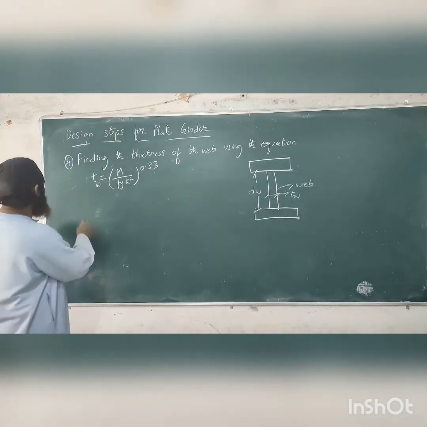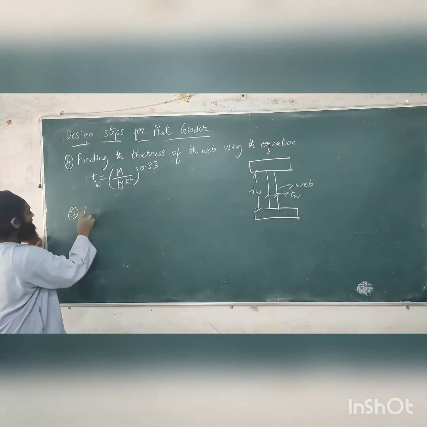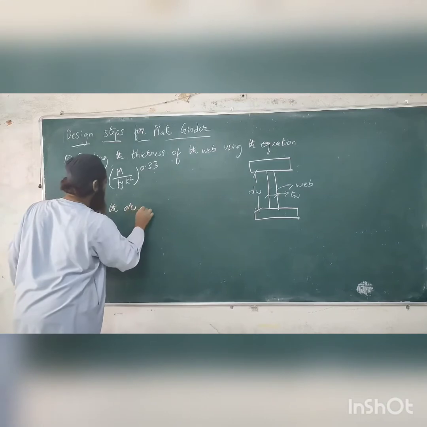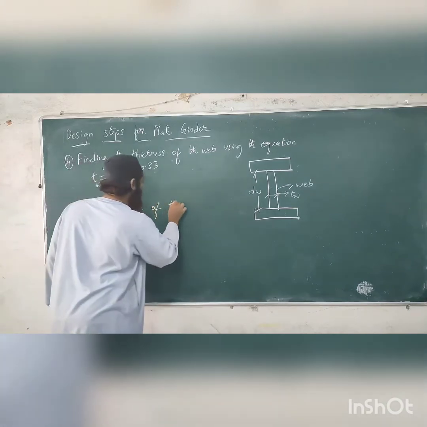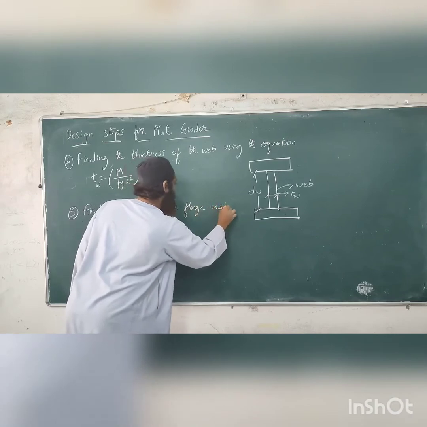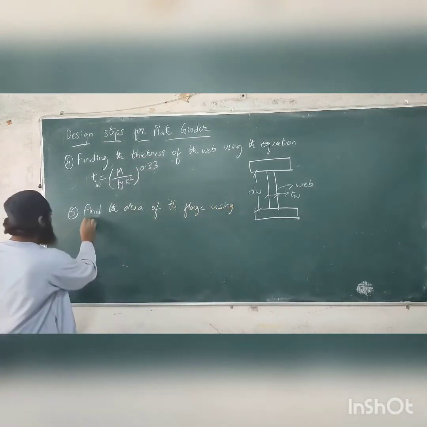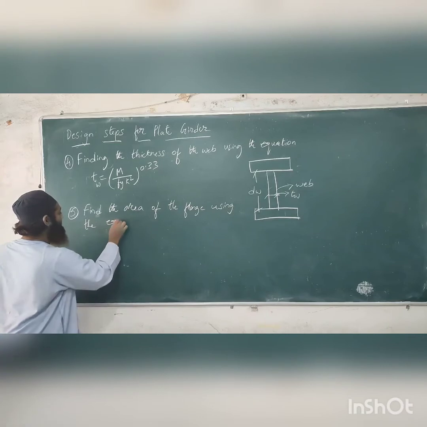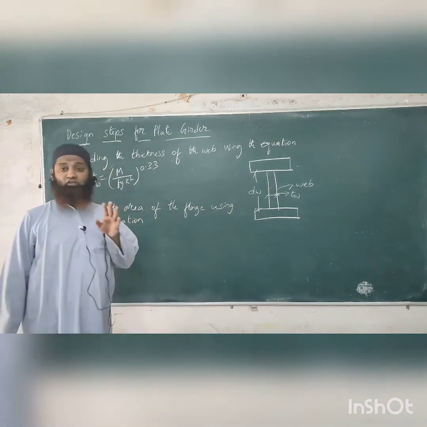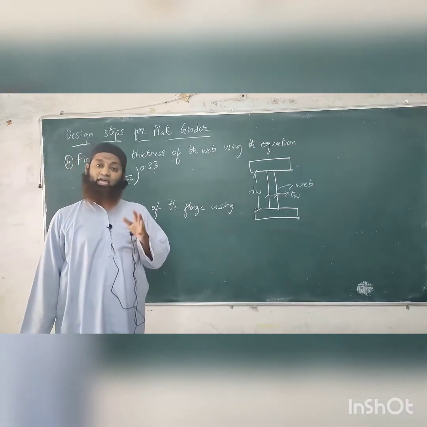For that, first we'll have to find out the area of the flange. Now here, to determine the size of the flange, we'll have to find out the area of the flange.